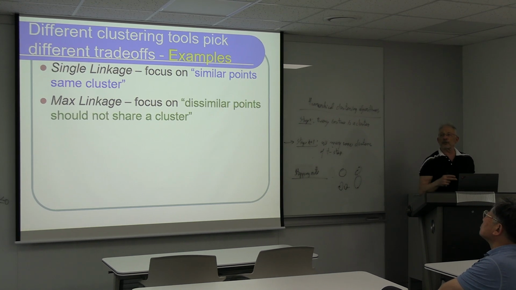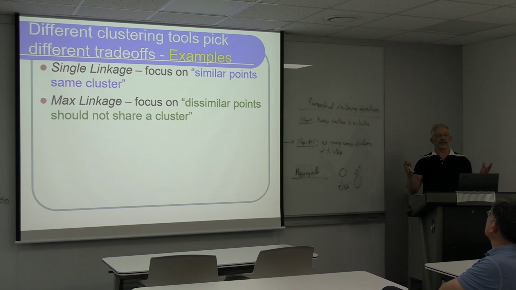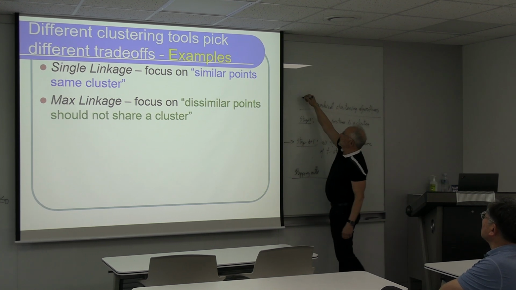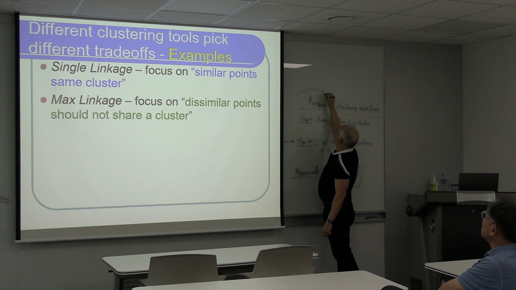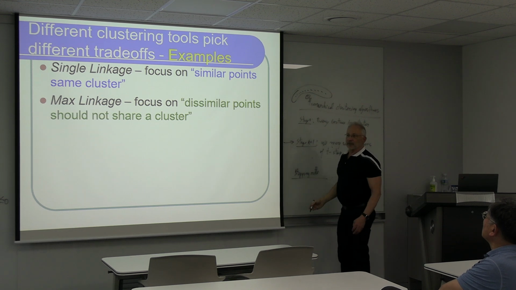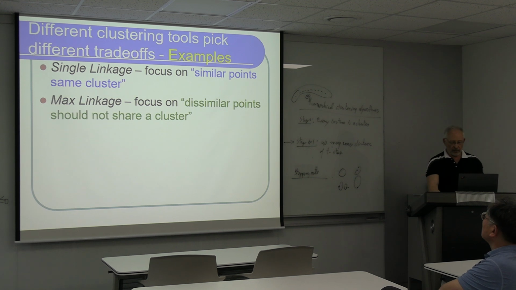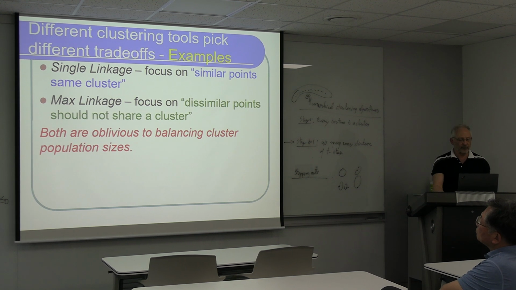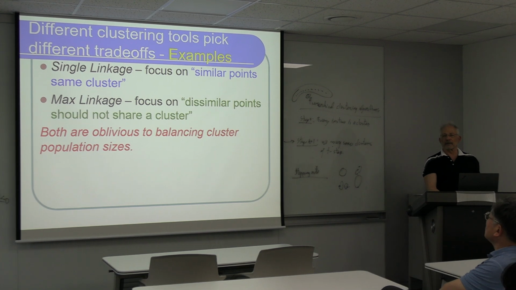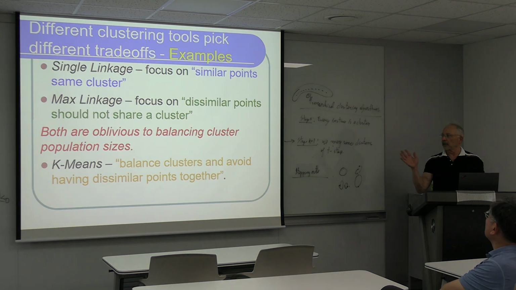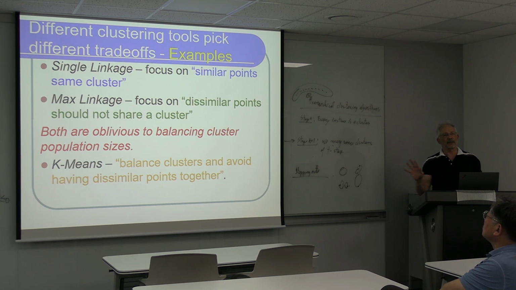And both of them ignore the size of the cluster. In both cases, you can get a situation in which you do single linkage and you get this is one cluster and this is another cluster, and there is no consideration to how big a cluster is. So both are kind of ignoring the population size of the clusters. But k-means does take some consideration of balance between the sizes of clusters.